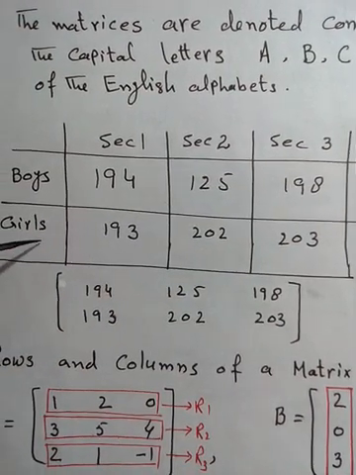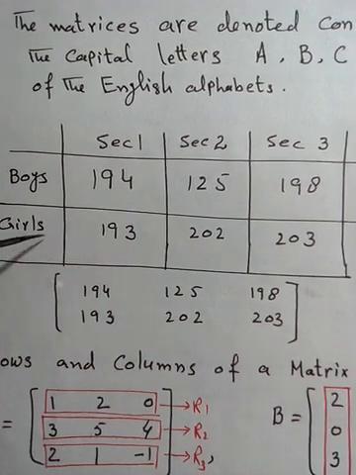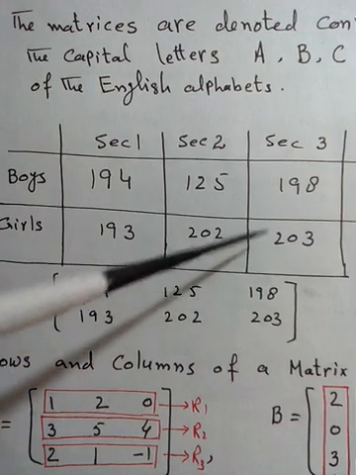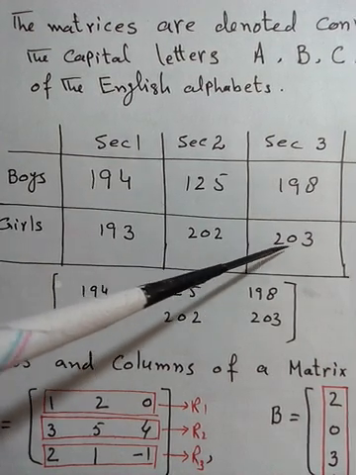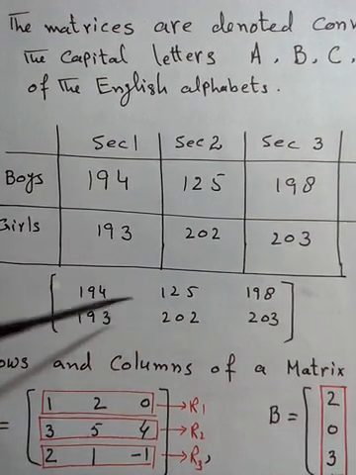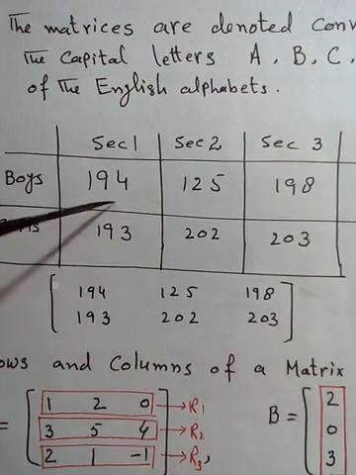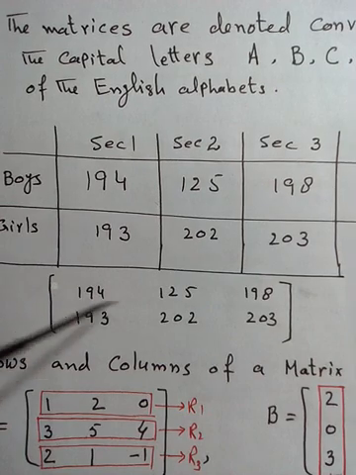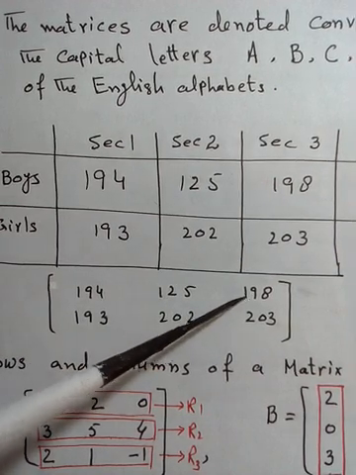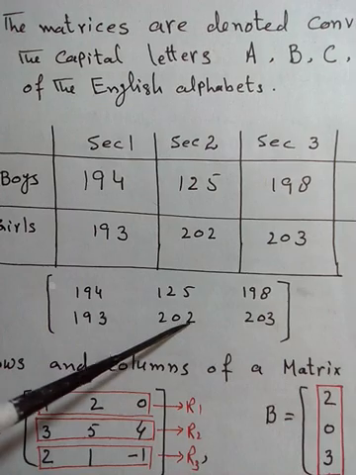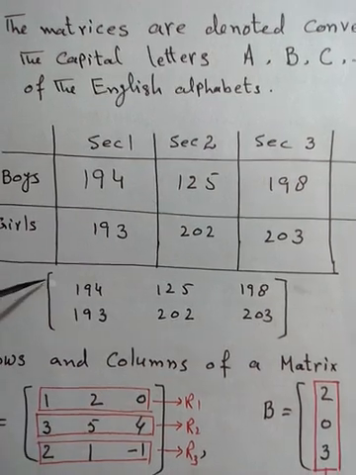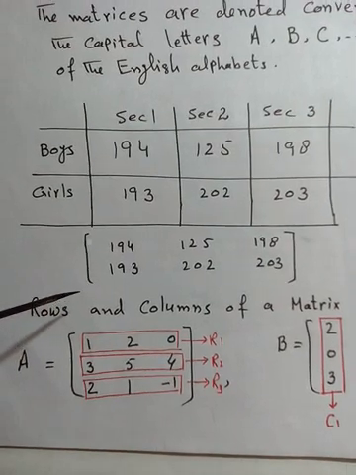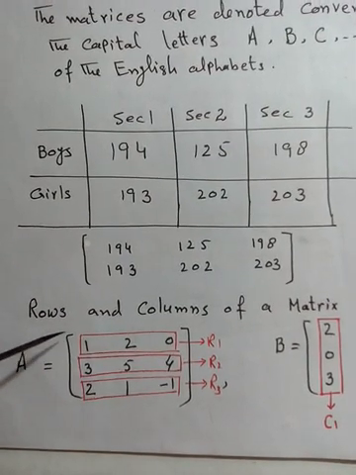Girls in section 1 are 193, in section 2 are 202, and in section 3 are 203. If we write these elements in brackets, 194, 125, 198, 193, 202 and 203, enclosed in a bracket, this is the matrix form.